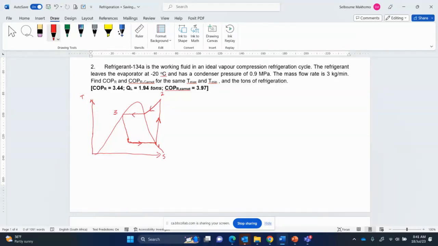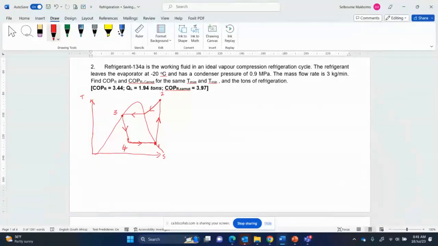So I expect you to draw this in the exam, to show me that you understand what you are doing. Okay, so we said that at 1, the refrigerant is dry saturated, hg is the enthalpy there. 2 is superheated. 3 is a saturated liquid.